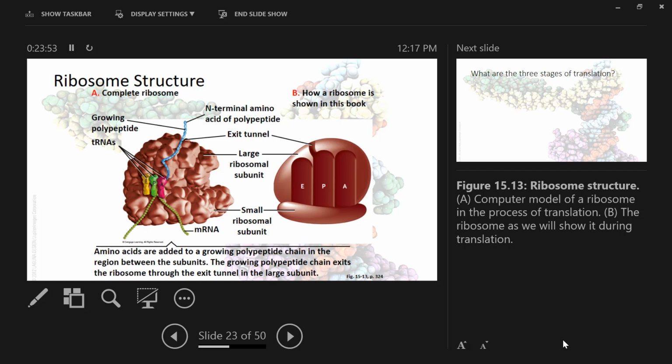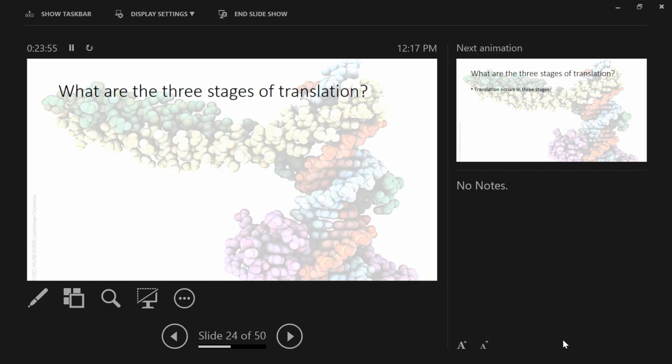Okay, we're going to take another lecture break. What I'd like for you to do, in your groups, is take a couple of minutes and write out the sub-steps of the 3 steps of translation. Try to do it without using the slides. There are 3 steps of translation: initiation, elongation, and termination. But there are sub-steps of those.